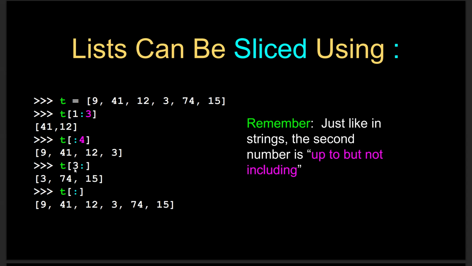See the next one. T of 3 colon. If you are not mentioning any number for the end place, meaning up to which value we have to print, it will take all the values after that number. We are giving 3 colon and did not mention up to which value to print.